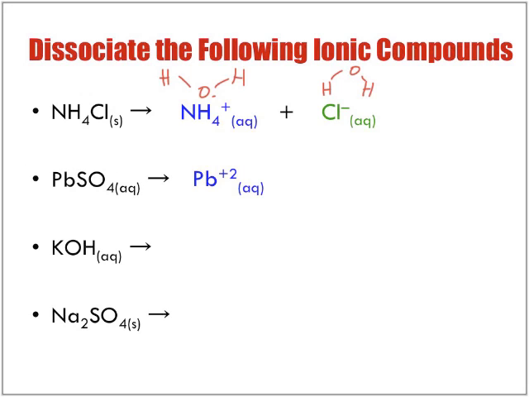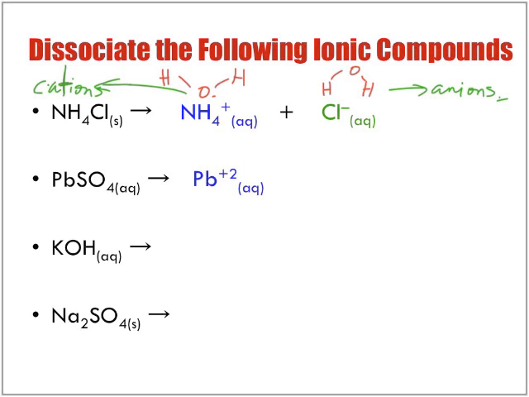So what part of the water surrounds it? The oxygen. So the oxygen part of water surrounds pretty much all the cations, the positively charged ions. The hydrogen part of water surrounds all the anions when we dissociate these ionic crystals.